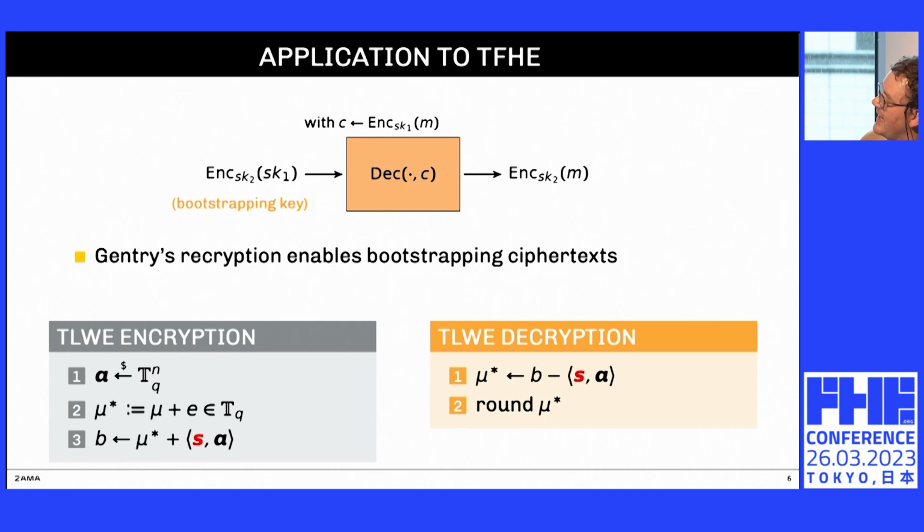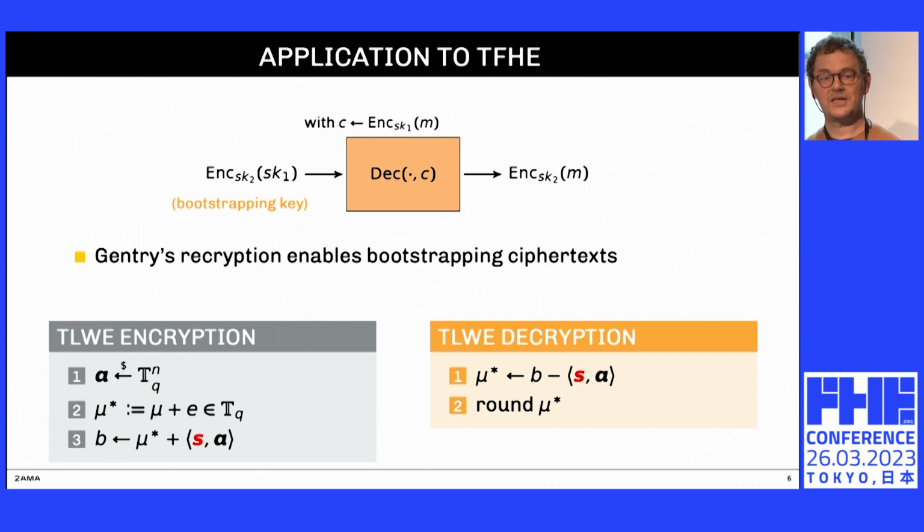Then you use the secret key S, compute the inner product with A, the mask, add mu star, and you get the second part of the ciphertext, the body B. That's for encryption. Then to decrypt, you do the same, but in the other direction. You first compute the phase, in this case B minus the inner product of S and A. You get mu star, and then you round mu star, and you get back the plaintext message M.